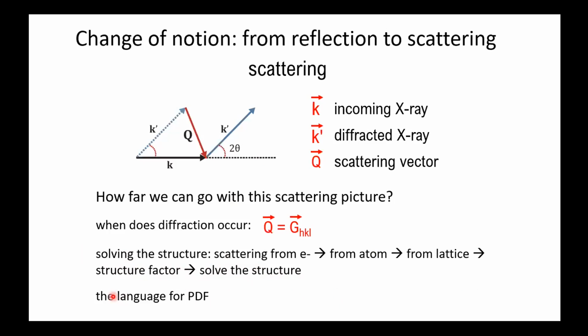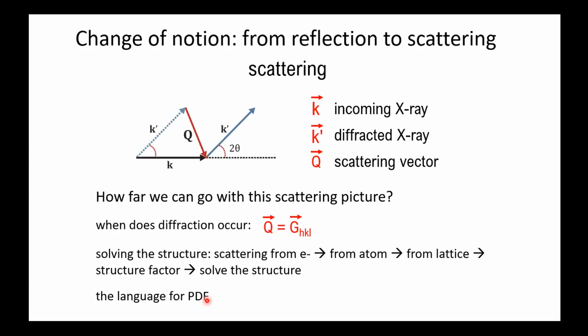And the last point is very relevant to what we discuss today. This scattering picture is also the language for PDF. There's no way to talk about PDF if we start with the reflection picture. So it always starts with scattering. You will probably encounter a lot of terms related to scattering when you read PDF papers.